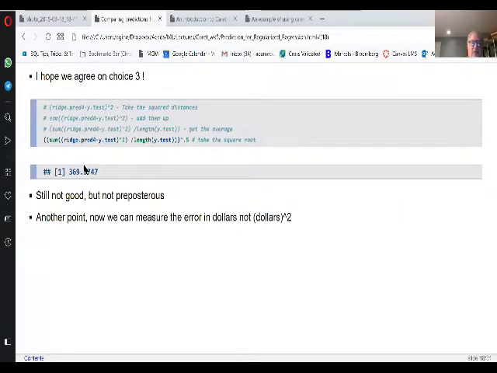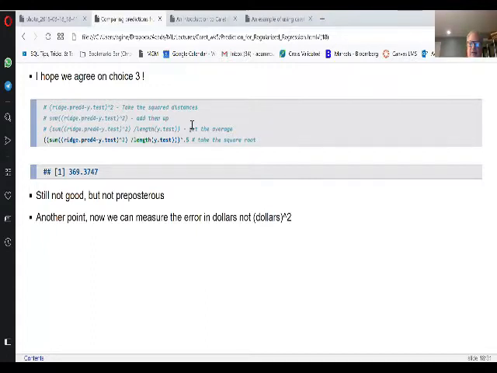So I just wanted to go through this and get it right. First, we have the predictions and we have the test values. We want to take the square differences, so we do that. Then we add those all up with sum. Then we divide that by how many cases we have. That's your average.